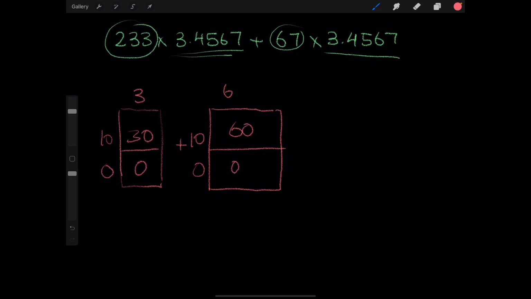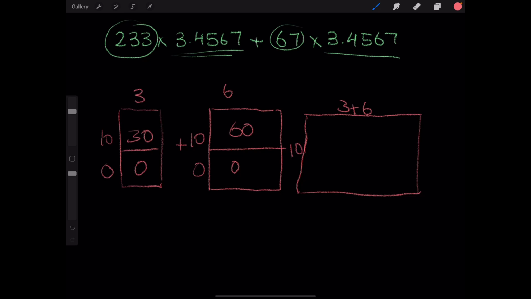What if we look at these two rectangles that we had? Do you think it might be convenient to put them together somehow so that we only do one calculation? Yes. That would be 3 plus 6, and that's a 10.